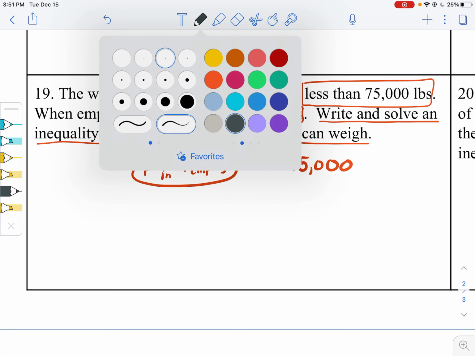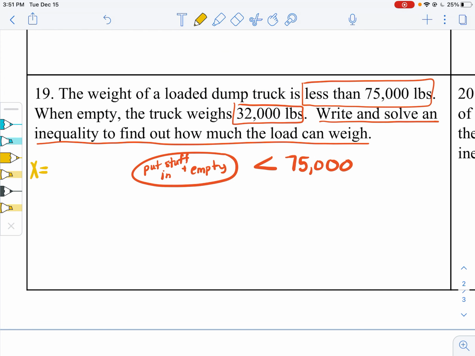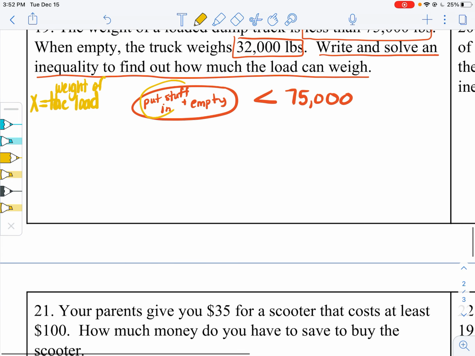So let's define our variable. I'm going to define our variable as x. What we can put in, the weight of the load, okay? So all the stuff that has to be put in.